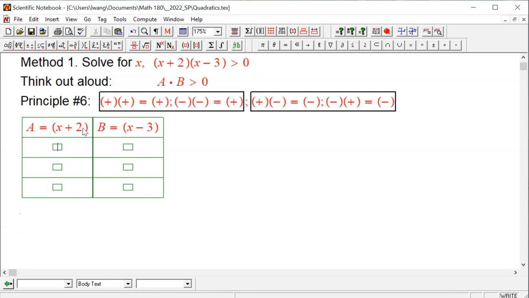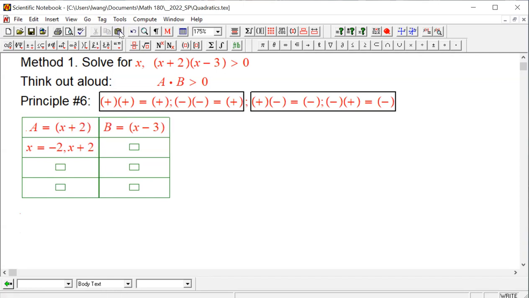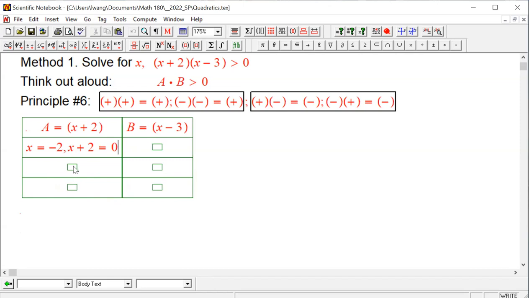But what's interesting is that we know that when x equals -2, what happens? X plus 2 is going to be 0. And if x equals -3, what happens? X plus 2 is going to be what?